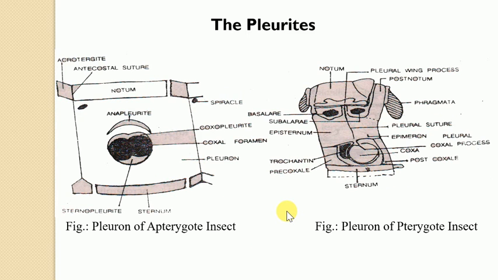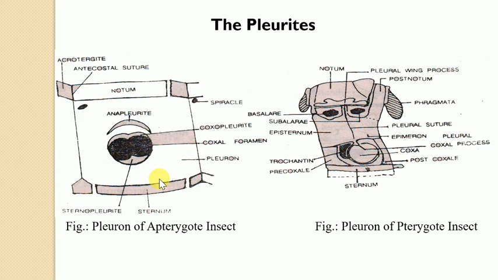Now in this lecture we are going to learn the pleurites. The pleura are primarily membranous structures of the thorax, responsible for joining the notum with the sternite. The sclerotic plate which joins the dorsal tergite with the ventral sternite is referred to as the pleurite or pleura. They contain sclerites derived mostly from the limb bases, the subcoxae.